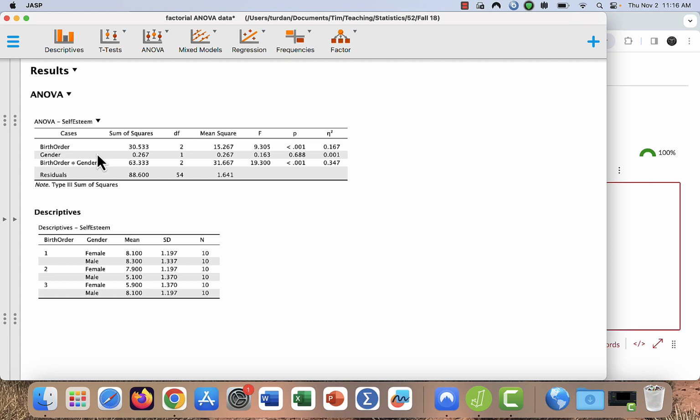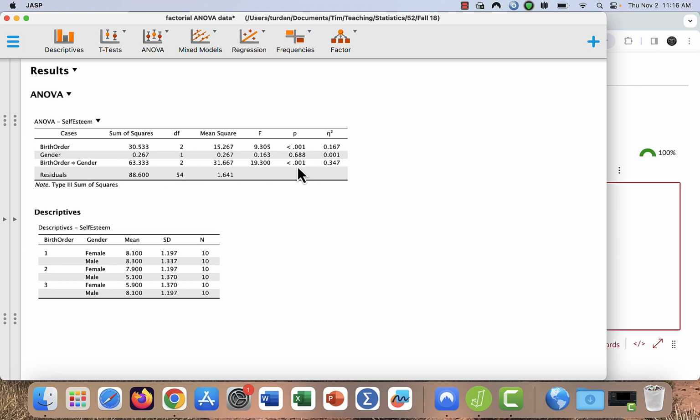Next, I look at the main effect for gender. I see it is not statistically significant, has a tiny effect size, and I say that when controlling for birth order and the interaction of birth order and gender, there is no significant difference between males and females in self-esteem. Finally, I look at birth order by gender interaction.